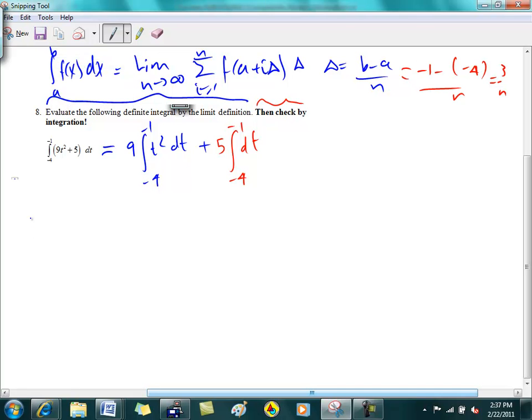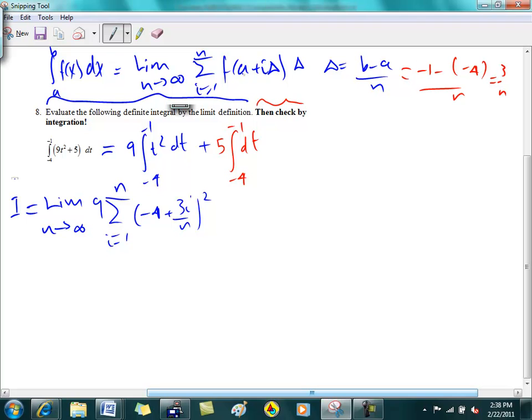So let's do the blue one first, okay? So the blue one's going to be, so I'll just call it I, standing for the integral, is equal to limit as n goes to infinity of 9 sigma i equals 1 to n. And in this definition, f is t squared, so all I need to do is put in negative 4 plus 3i over n, squared.